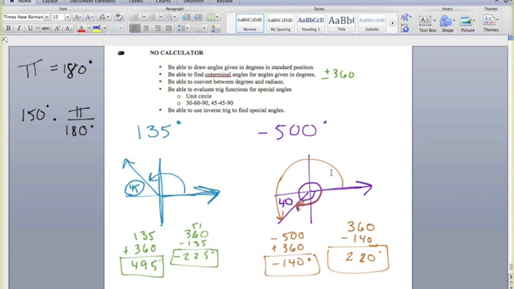Okay? Because pi is equal to 180, we're really just multiplying by 1. Because pi radians over 180 degrees is really just 1. Okay, and we set it up so that what we're given goes on the bottom so that those degrees will cancel each other off. And we're going to do 150 pi on the top and 180 on the bottom.